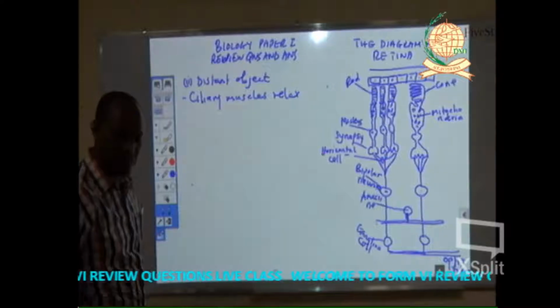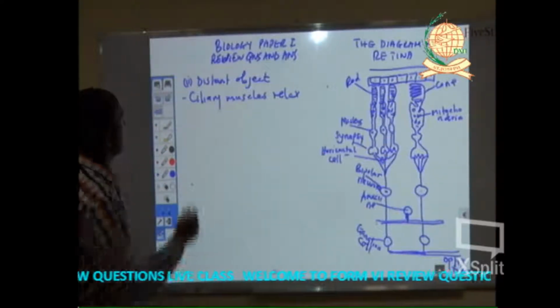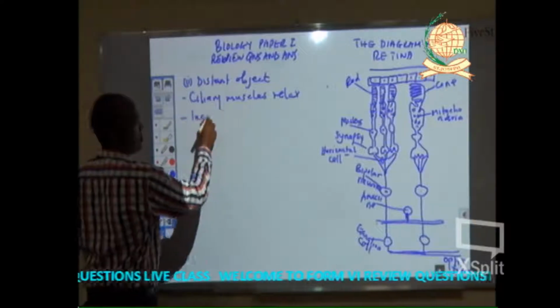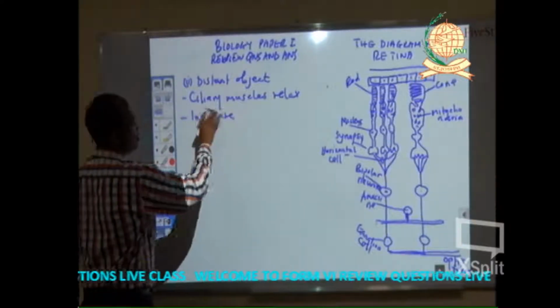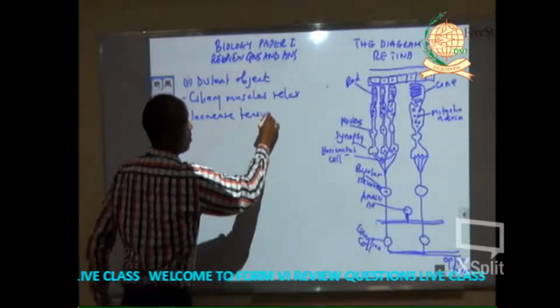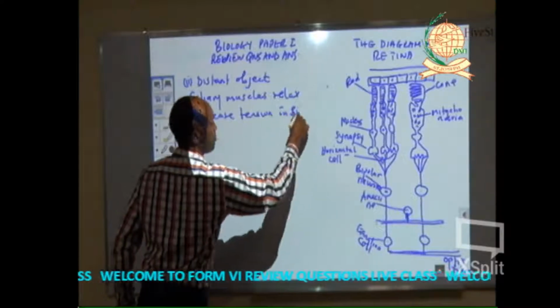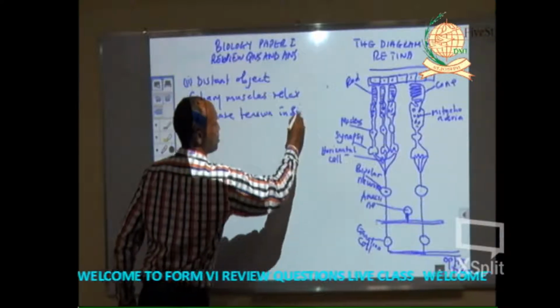Relaxation of the ciliary muscle increases the tension in the suspensory ligament.